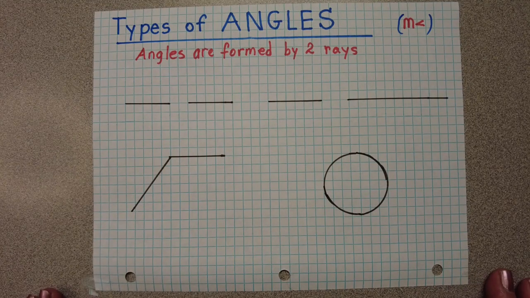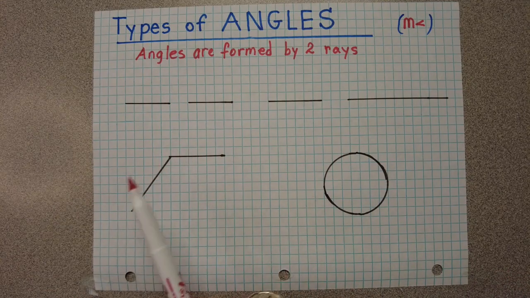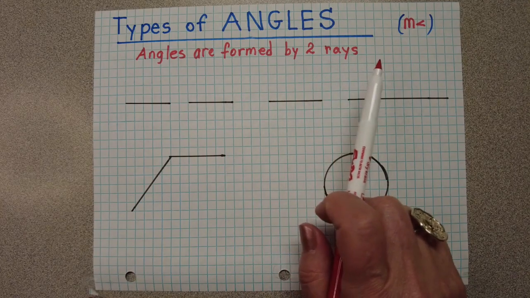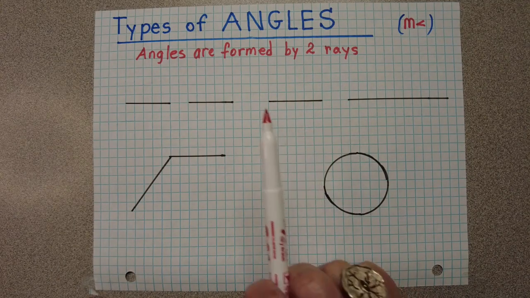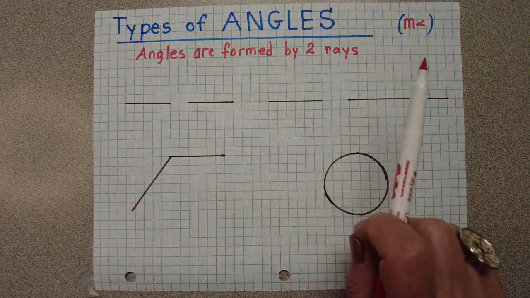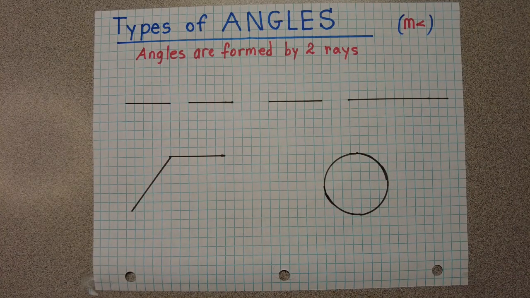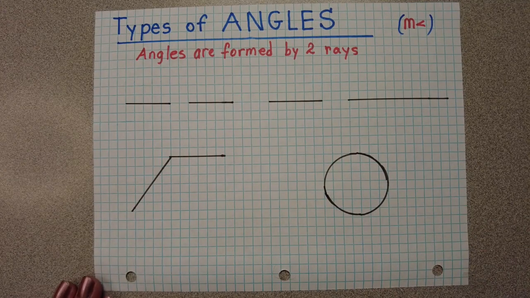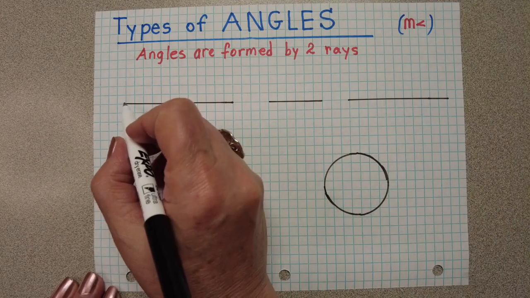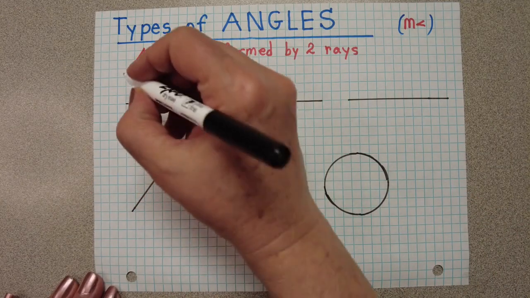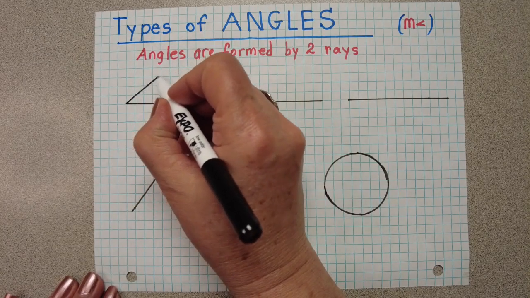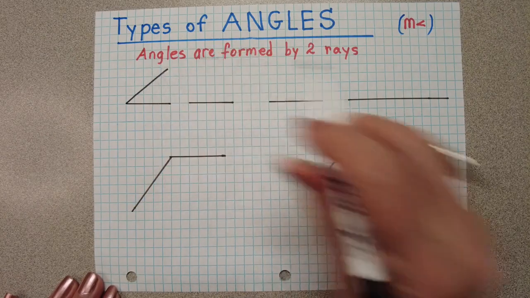What are angles? Angles are formed by two rays and they are measured in degrees. Now we will make angles with two rays. Imagine this is one ray, the other one is, let's say, this way.